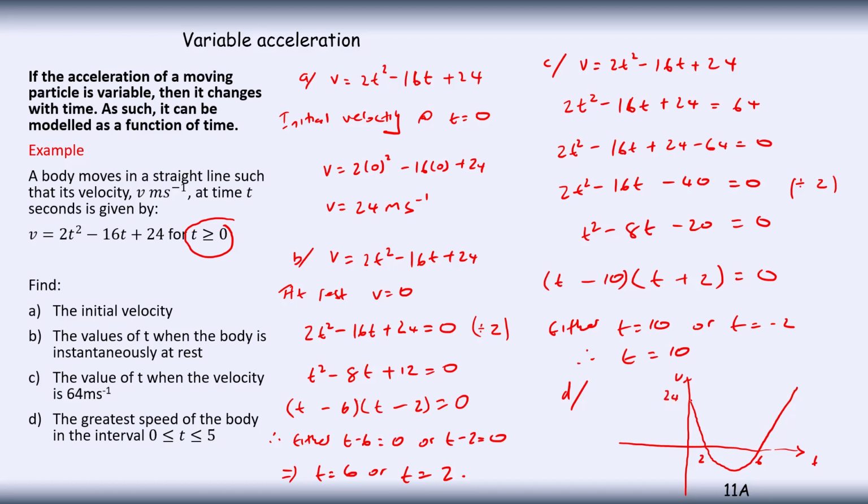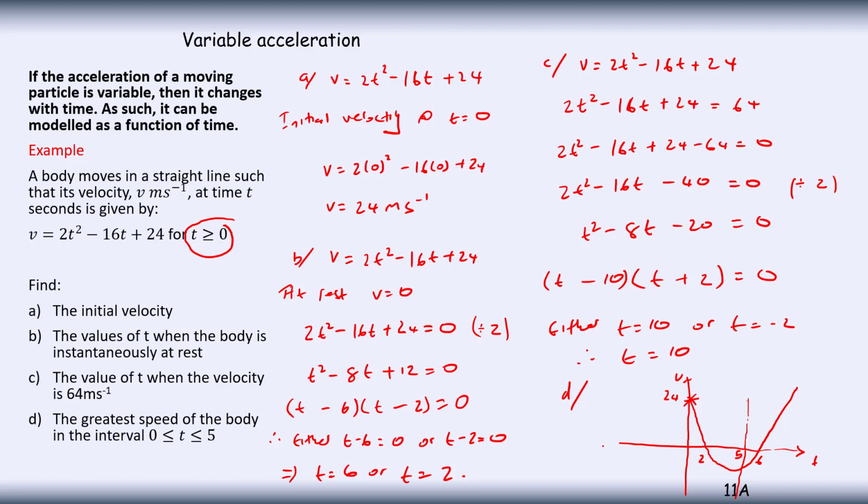So when's the greatest speed? We can use the graph to show us the greatest gradient. We're only going up to time t equals 5, which is going to be approximately about there. So that's 5 seconds. If we look at the graph then, the steepest part of the graph is initially. So that's our point when it's steepest.